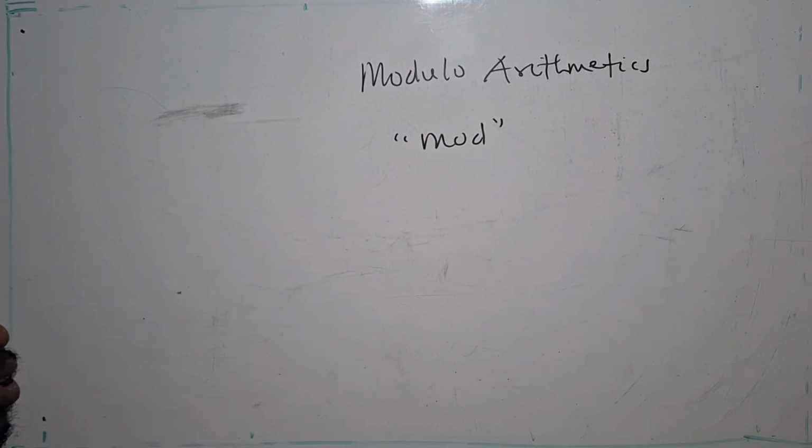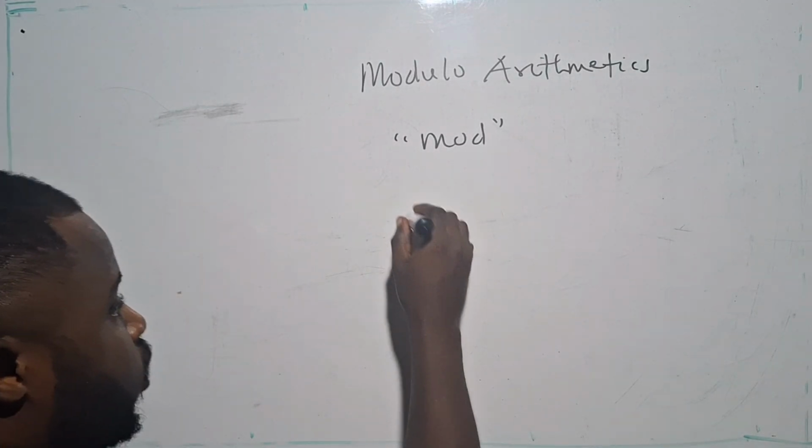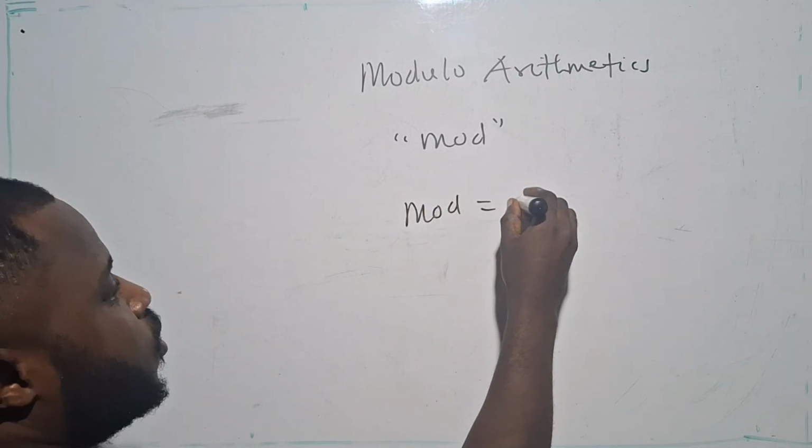It's a type of arithmetic in which an integer is represented by its remainder when divided by another integer. One thing you need to know is that mod has certain things in common with number bases.